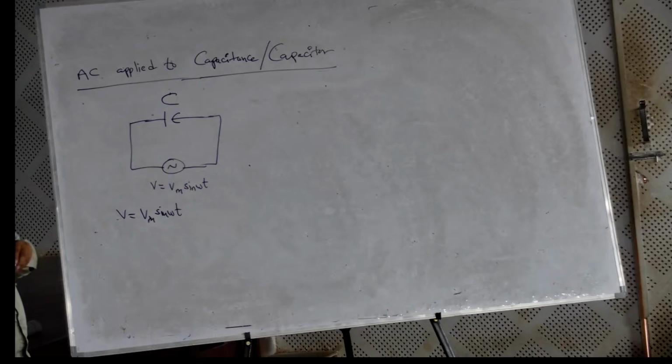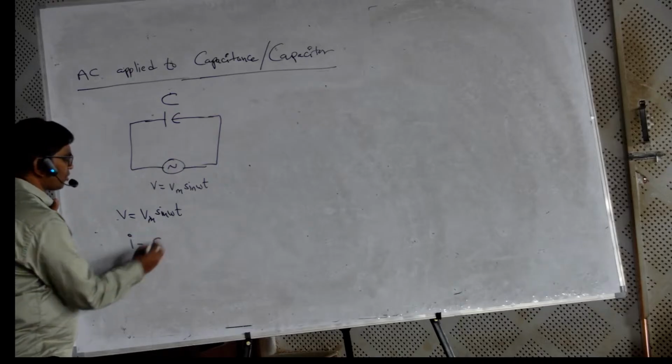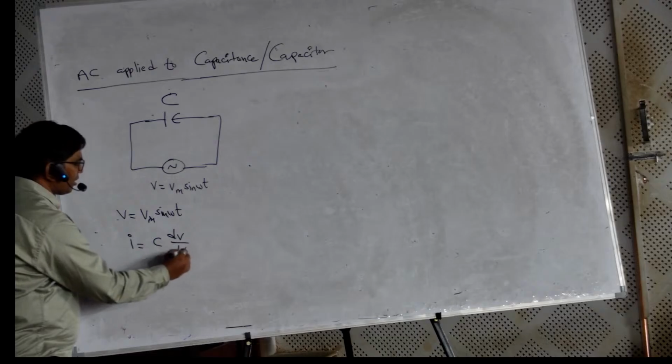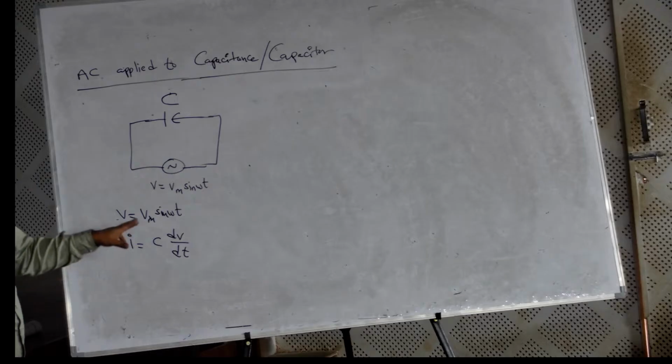I is equal to C dV by dt. This is the formula. V is equal to L di by dt for an inductor. In a capacitor, I is equal to C dV by dt.